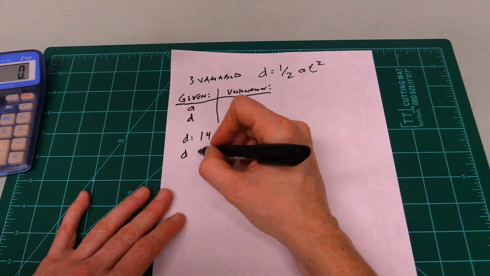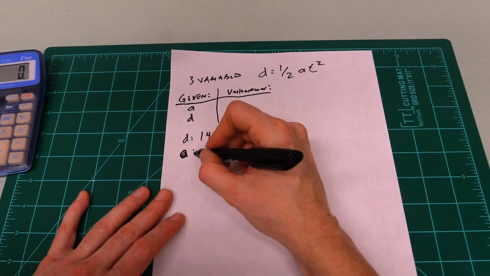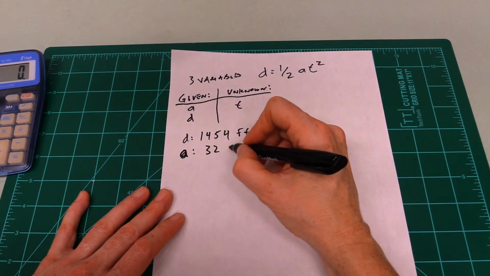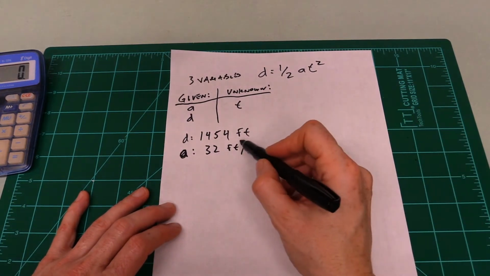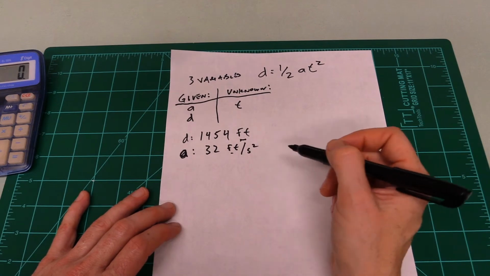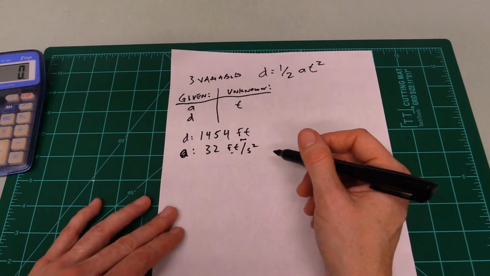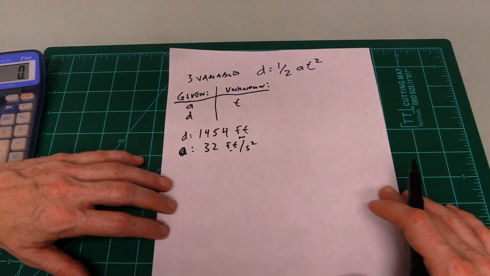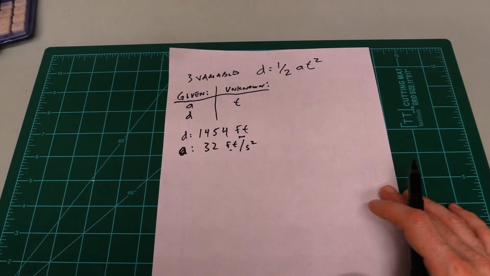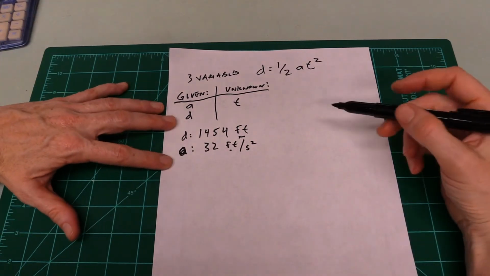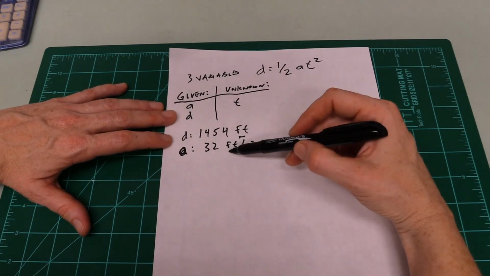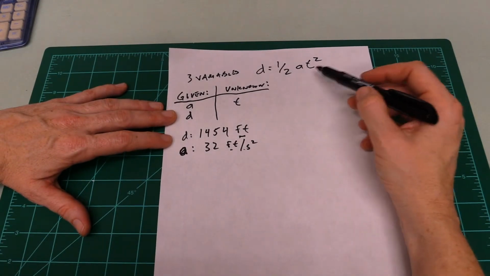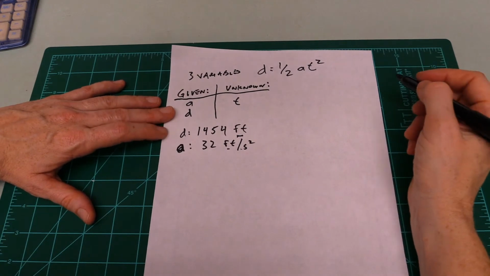And we're going to assume an acceleration of 32 feet per second squared, all right? And now you see we're working in feet. We're using the U.S. system, sometimes called the standard system or the imperial system, and we're not using meters, we're using feet. But that's okay, because we have 32 feet per second squared, 1,454 feet, and then we're going to calculate t.